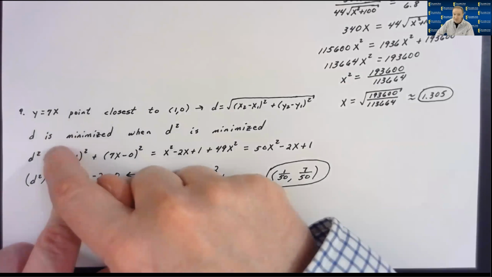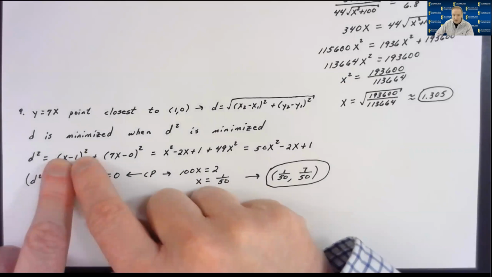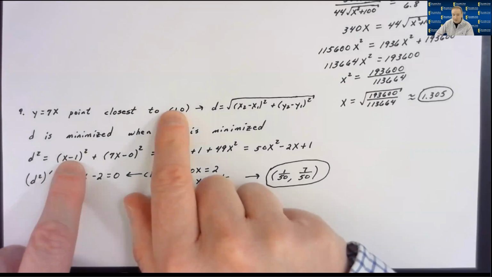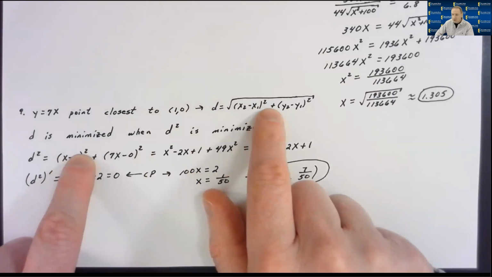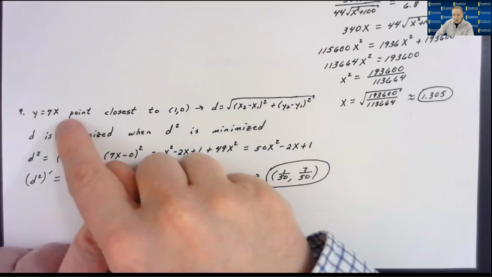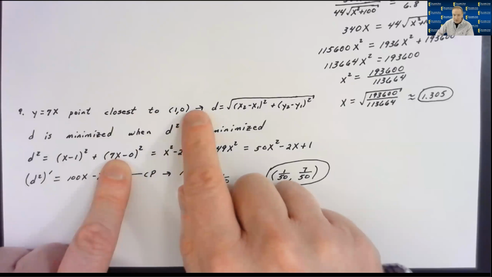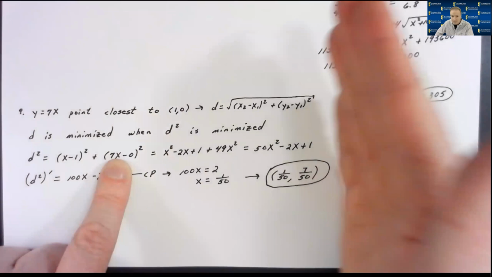The square of the distance is the difference in the x components, which is just x minus 1, quantity squared, plus, well, what about the vertical difference squared? Remember the y value here, your ordered pair on your point. So this is the ordered pair I'm supposed to be close to. Well, the point on the line has to be x comma 7x.